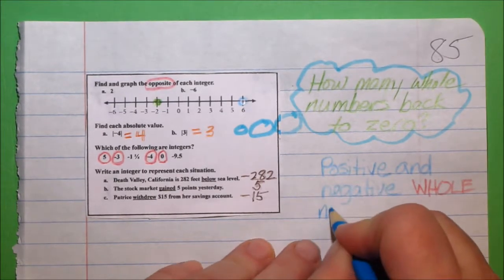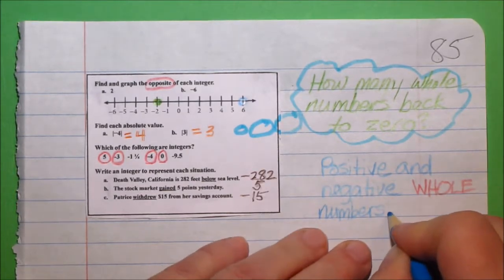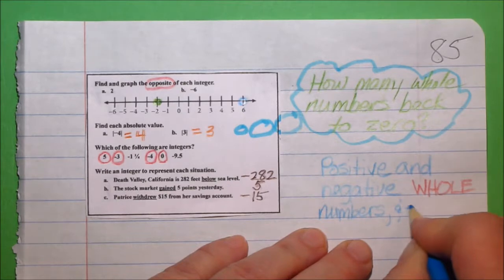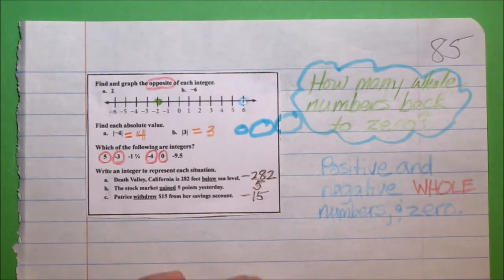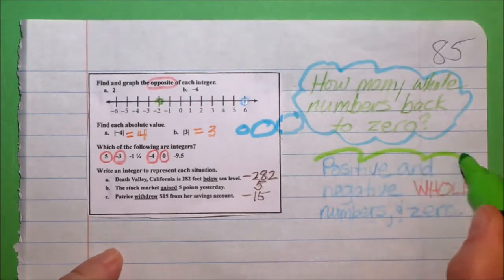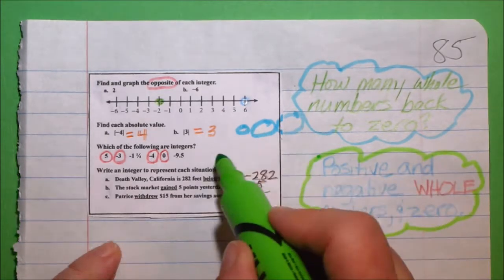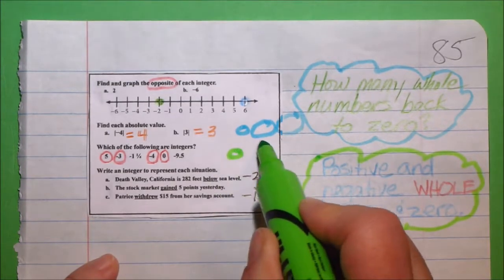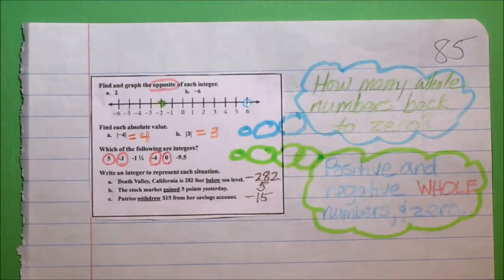Whole numbers and 0. 0 gets to be included in this. All right. So that's what I should be thinking of when I'm thinking of what numbers are included as an integer. All right, so let's see where we got. That one was right here. All right, and there's my thought bubble for that one. Okay, so that gets that part of the notes done.